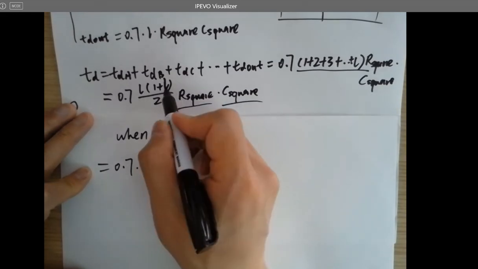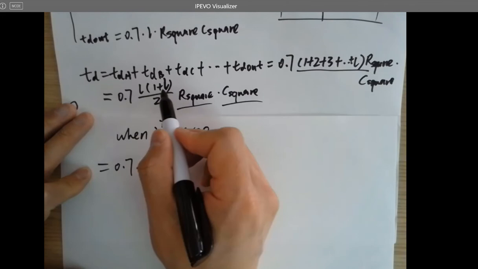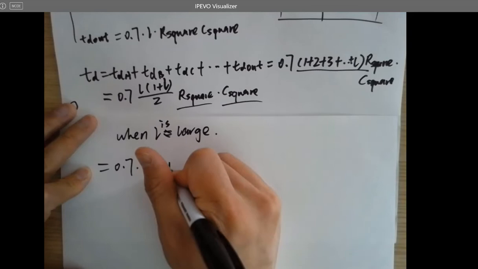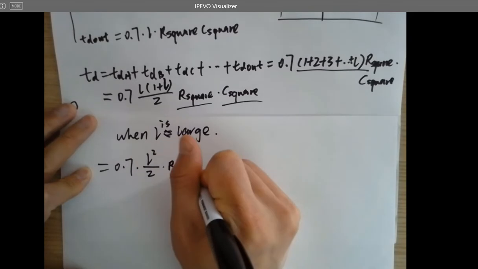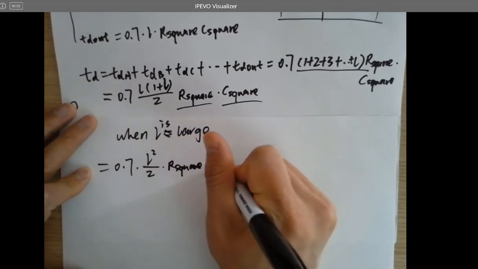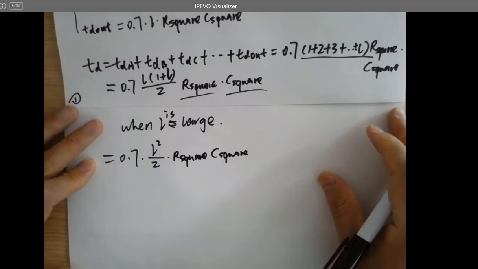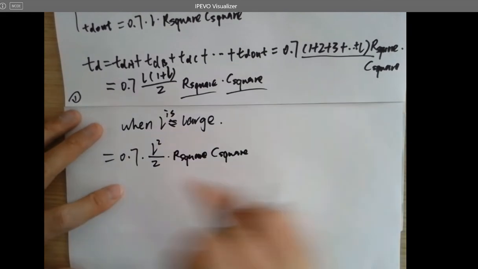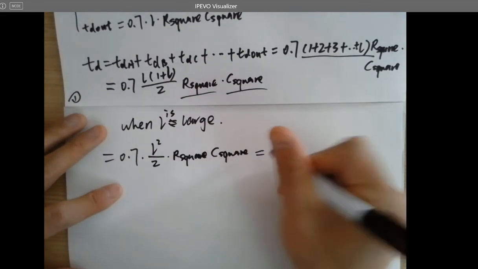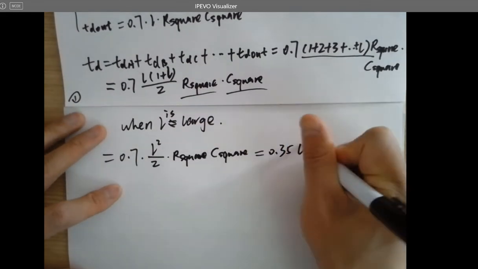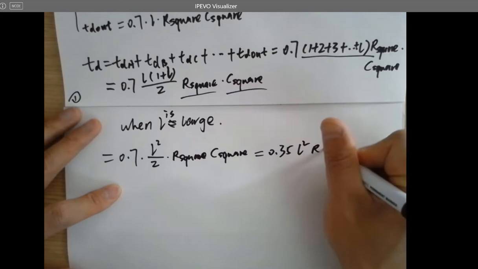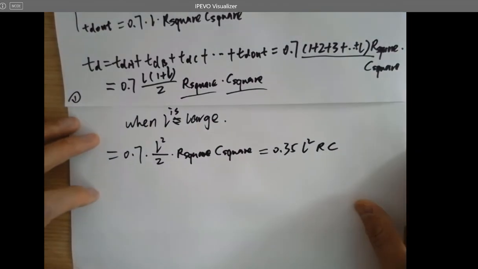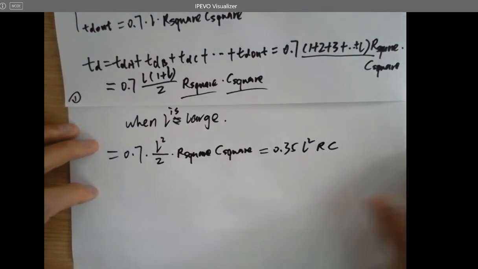But when L is large, you can just write this as L squared over 2 times R squared C squared. So 0.7 divided by 2, which is 0.35 L squared RC. That's a conclusion.